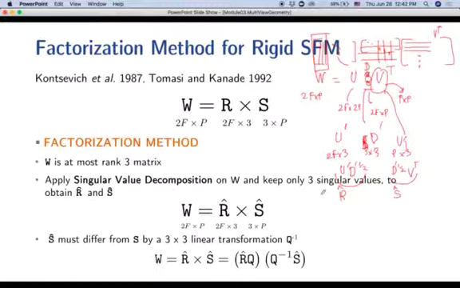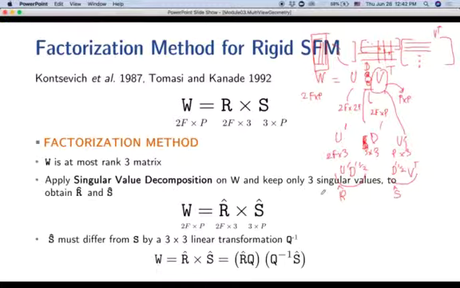So what I observe is that inside R hat and S hat, I can multiply by a 3 by 3 transform Q inverse. Well, that I can always do because Q times Q inverse is identity. And then R hat Q is like a new R hat prime, and Q inverse S hat is like a new S hat prime. Now because there exists a correct decomposition, how do I know that?